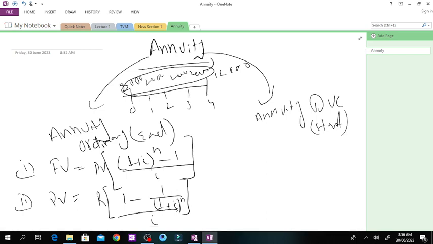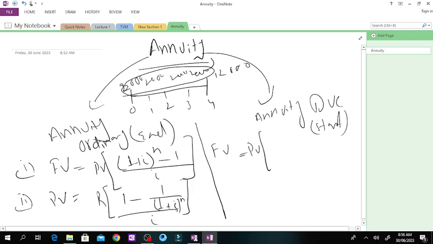If you move on to annuity due, the formula would remain the same. For example, if you wanted to calculate future value, it is equal to present value times (1 plus i) power n minus 1, divided by i. What do you have to do? You just have to multiply by 1 plus i.